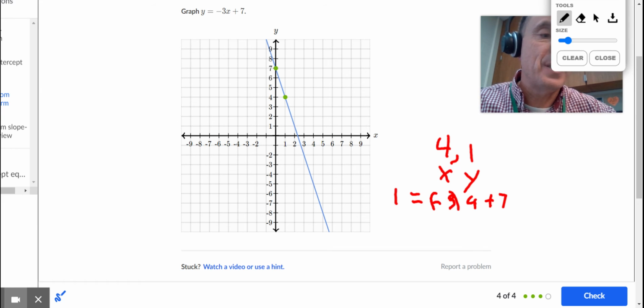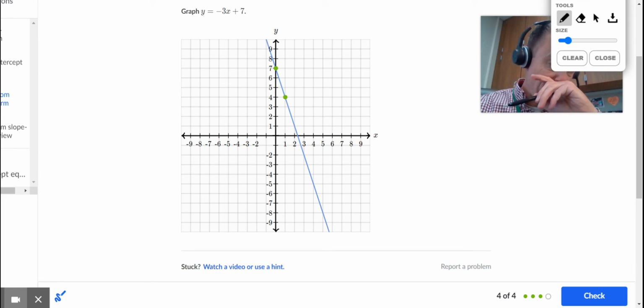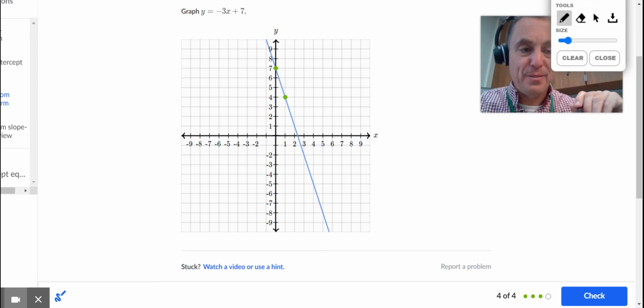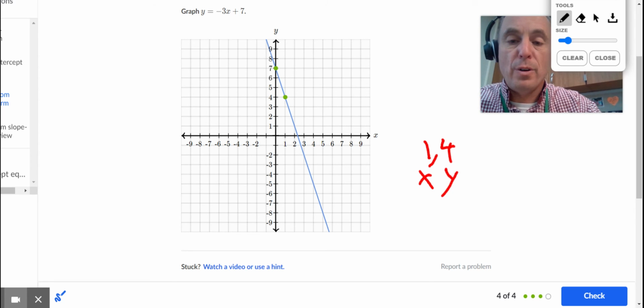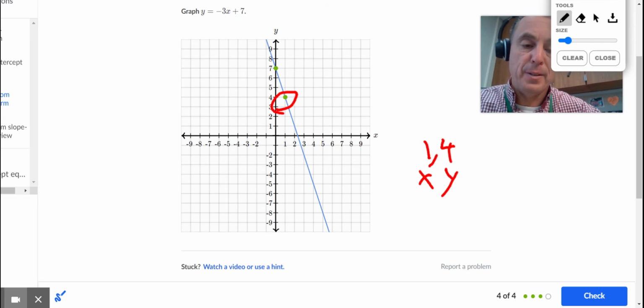Do you know why it's not working? Because I got the x and the y backwards. What a rookie mistake that is. So my solution is 1, 4. Let's try this again, Mr. Rock. You can do this. This is my x value, and this is my y value. And I'm getting 1, 4 from right there, by the way.